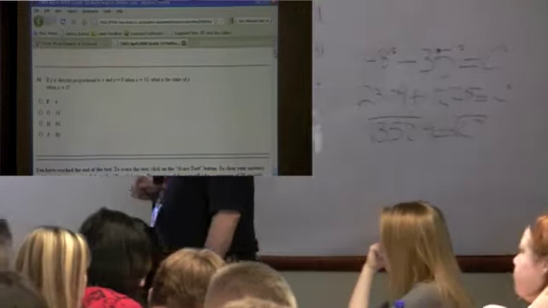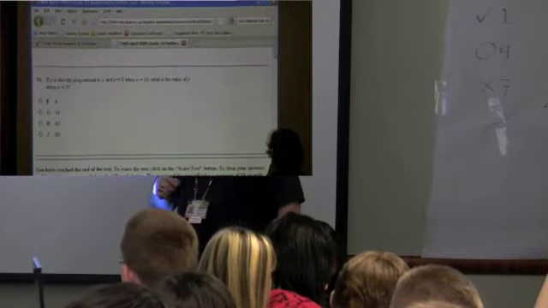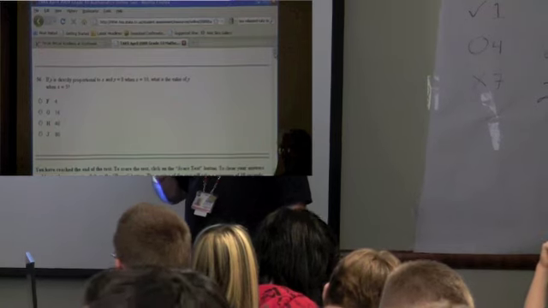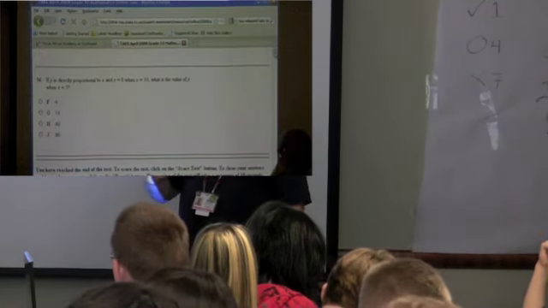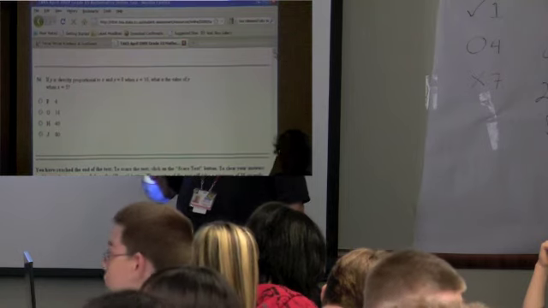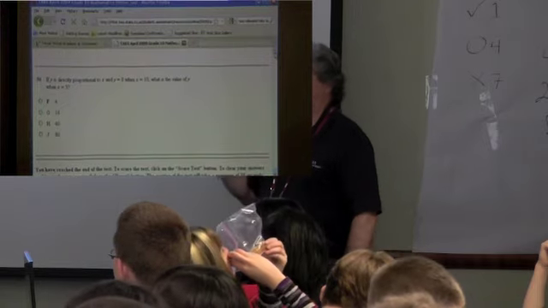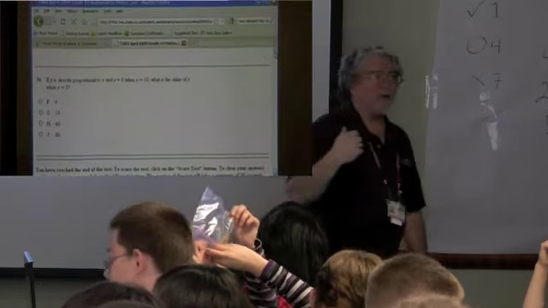How would you go about solving this problem? April, how would you go about solving this problem? Set up a proportion? Would you like to show me what you mean by setting up a proportion? Line out, April.